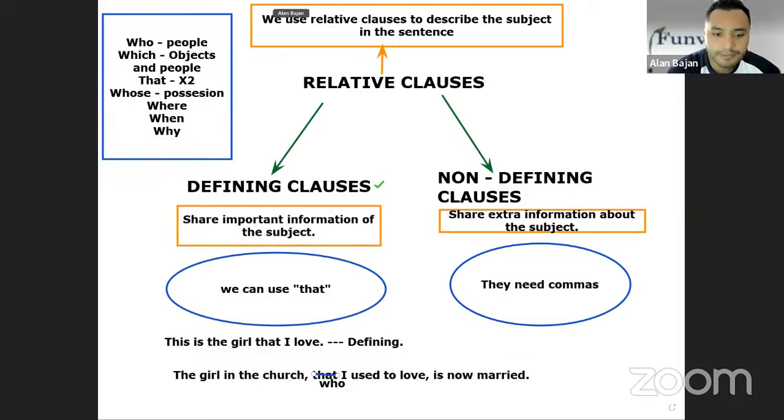And just to clarify, this is defining. Let's mark it with purple. And this is not defining.